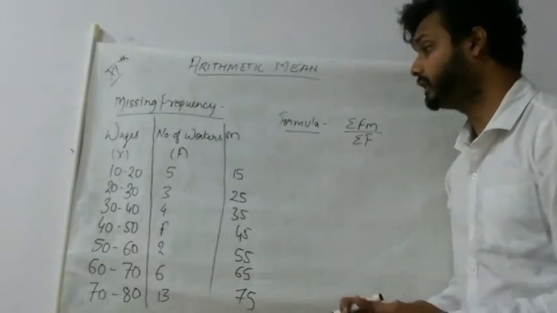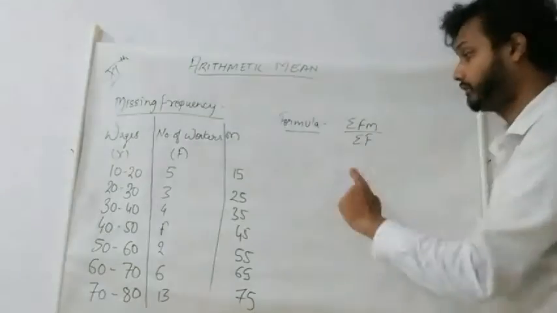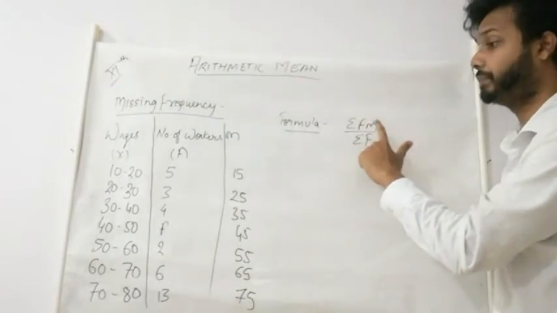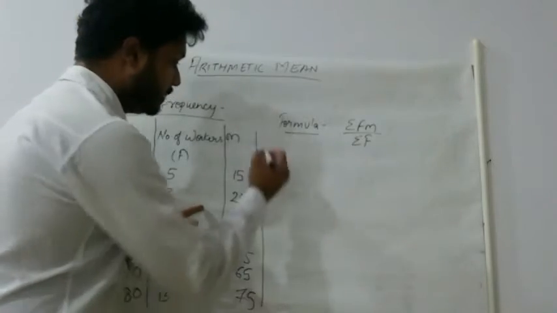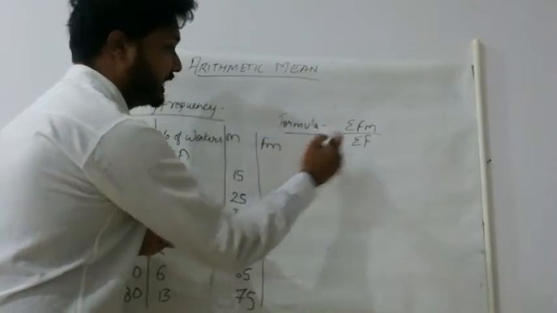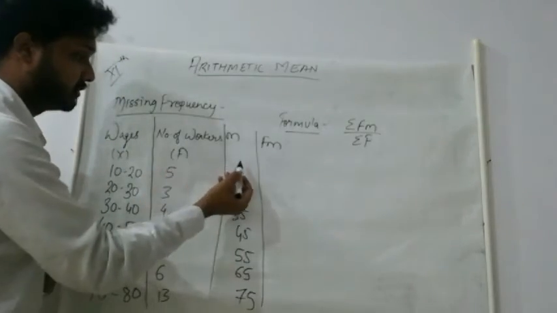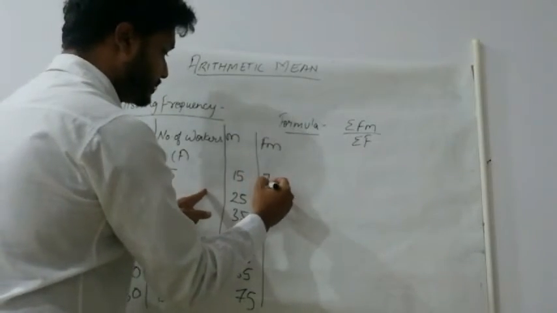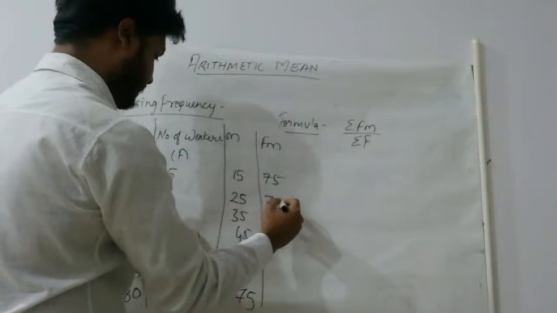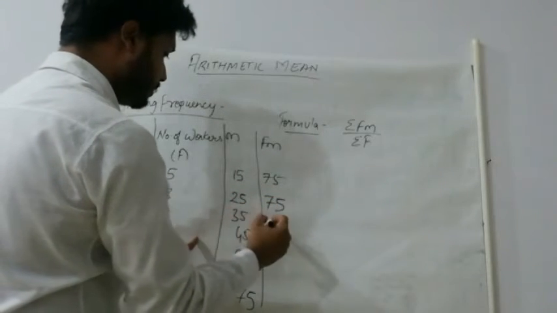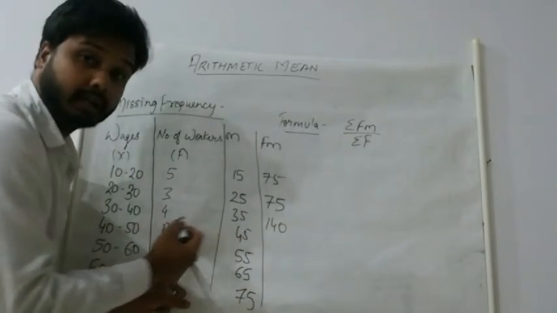Then students, what we need to do is, see, f also we are having, m also we are having. As per the formula we need fm, so f into m we will do. Okay, f into m, then only we will get the value of fm. So here we have f, here we have m. 15 5s are 75 here. Okay, then we have again 75, 35 into 4, 140, 45 into f.